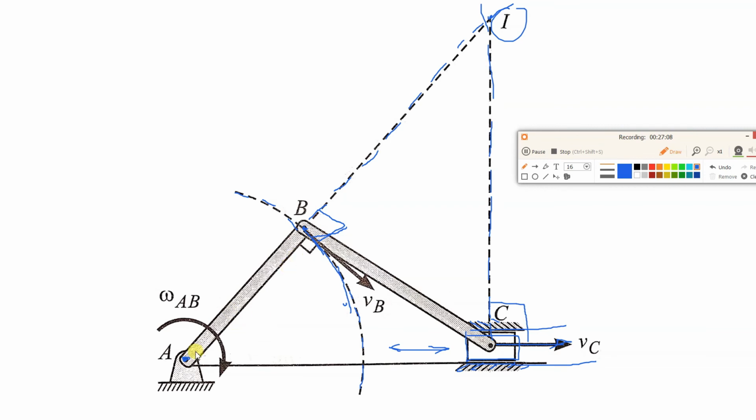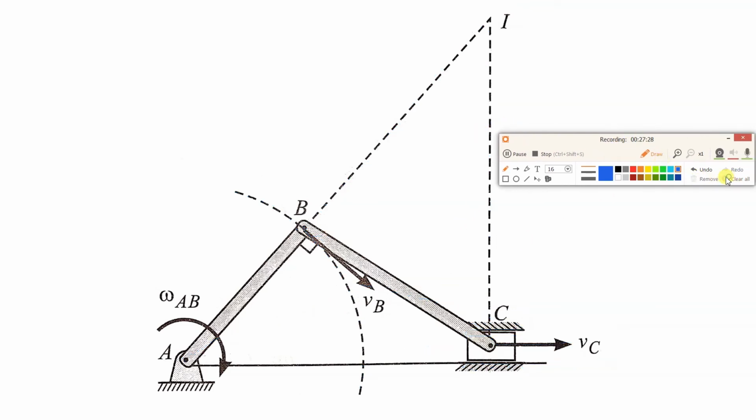Suppose the crankshaft rotates. Suppose the new position is this one, then the connecting rod will go in this direction, and the new slider position is this one. So the ICR point I will change again. That is why it is called instantaneous. Okay, so I hope you understood this concept. I'll repeat this again.